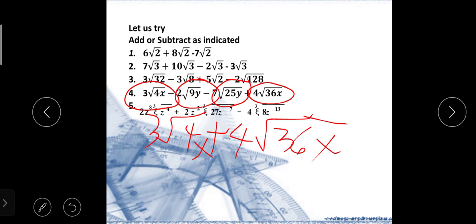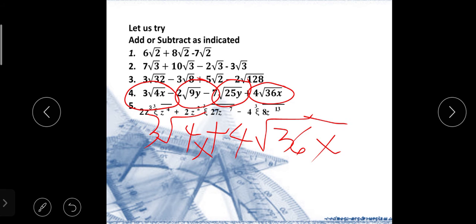Pag ifa-factor pa kasi natin yun, magkakaroon tayo ng 1 and 2. So, ilalabas natin yung 1. So, wala ring mangyayari kung ilalabas natin yung 1, then imumultiply natin siya doon sa labas. Ang maiiwan pa rin naman ay square root of 2. So, dito, ang pinakamababa natin na number ay 4. Doon sa 3 is square root of 4x.